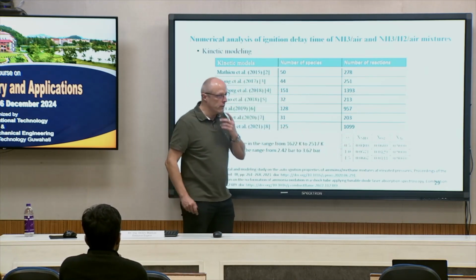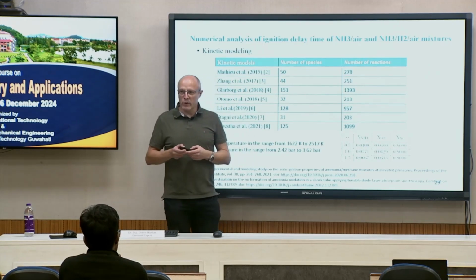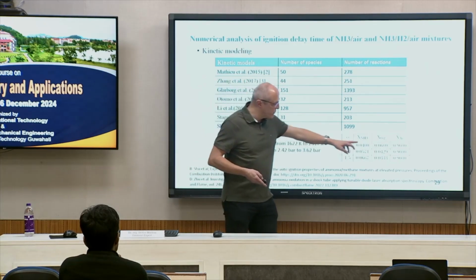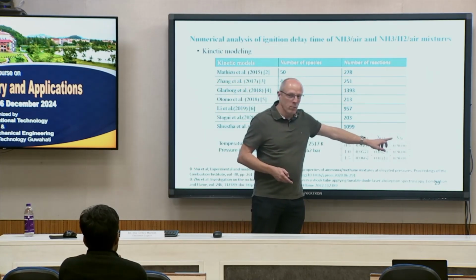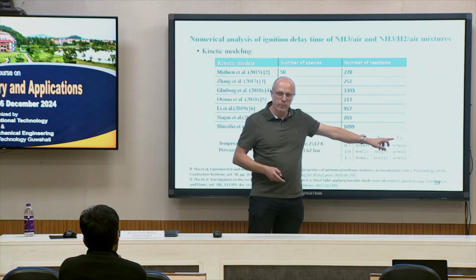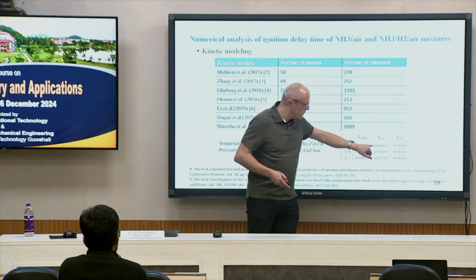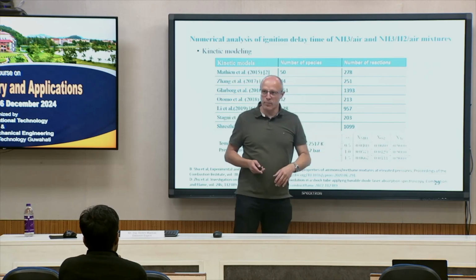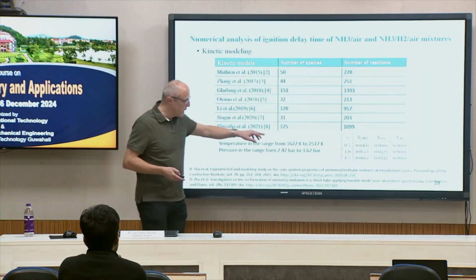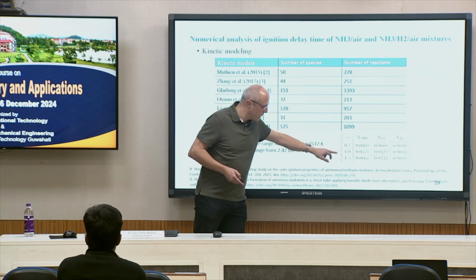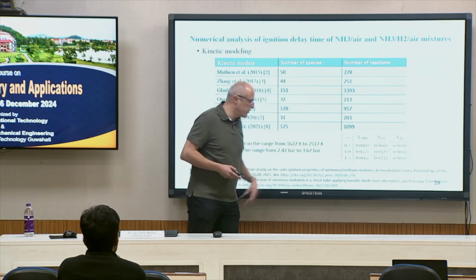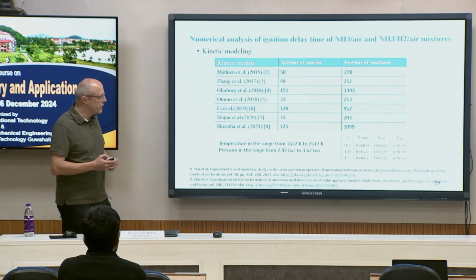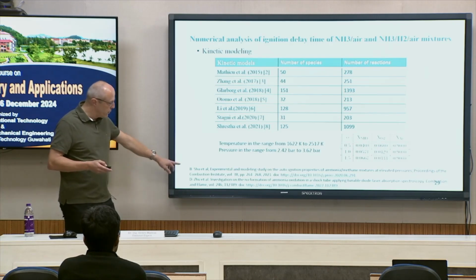For this ignition delay time, we compared our results with RCM measurements. And here you see they have used a quite high amount of argon and only very small amounts of ammonia and oxygen. But we have here three equivalence ratios from 0.5 to 1.5. Further details can be found in these two papers.